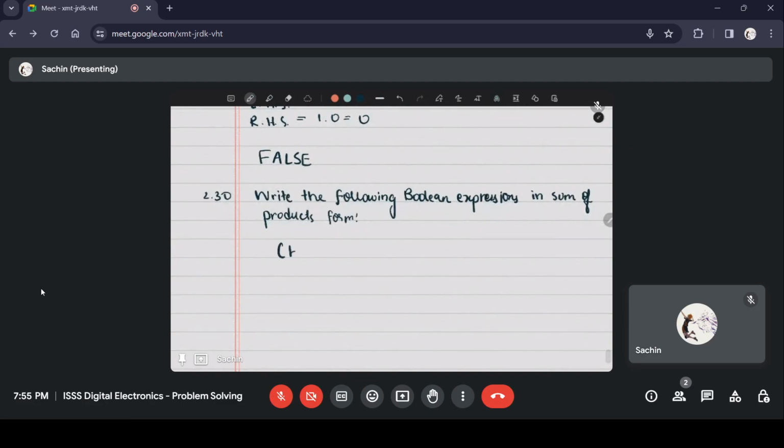There's just one expression, it's in the product of sums form.